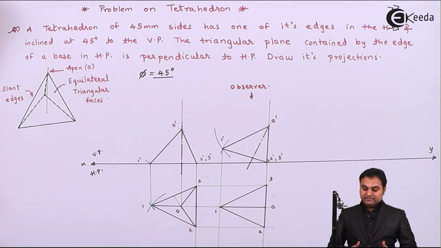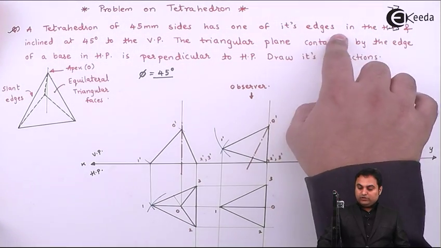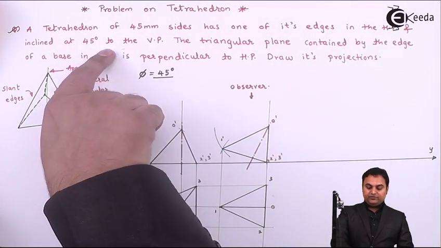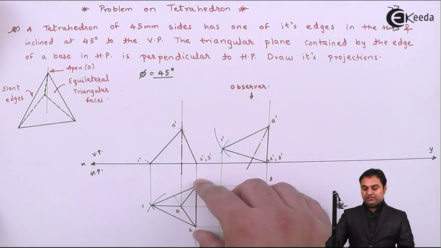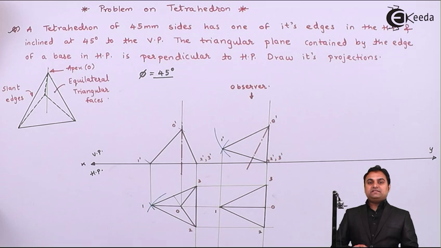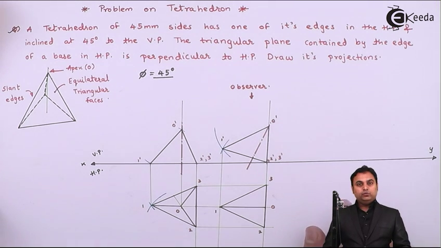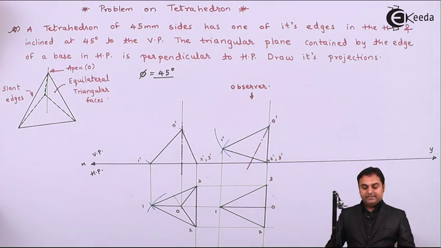Since the tetrahedron has one of its base edges in HP and inclined at 45 degrees to VP, the base edge on which it was resting, that is 2 to 3, is now inclined at 45 degrees to VP and will be seen in HP.